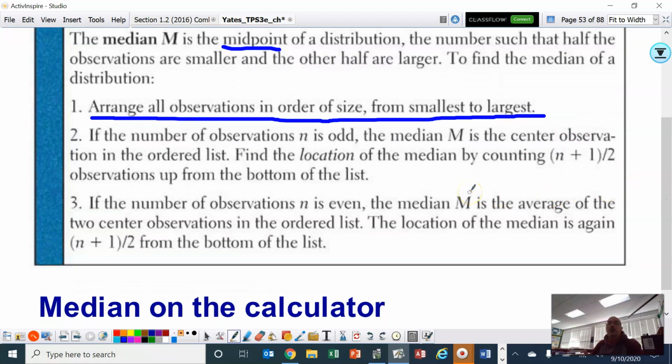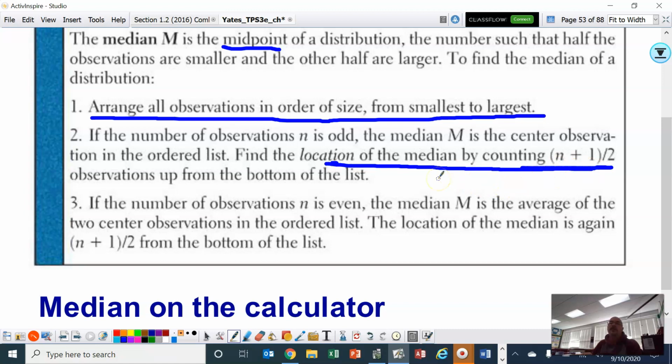If there is an odd number of observations, then the middle number is the center. That's the median. If it's an even number of observations, then you have to add two numbers together and divide by 2. Okay, this part right here is to locate where the center is.